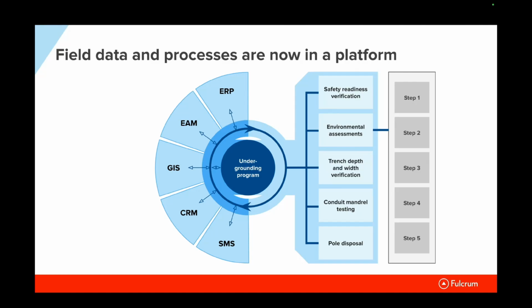So now I've got a situation where I can manage those multiple steps that make up the environmental assessment, and I don't have to have some way of communicating with those other systems directly. I've got the platform to help me manage that. What this means is that every touch that you make can lead to asset data flowing from the field to the office appropriately. That environmental assessment on step 3, there's an asset management requirement.